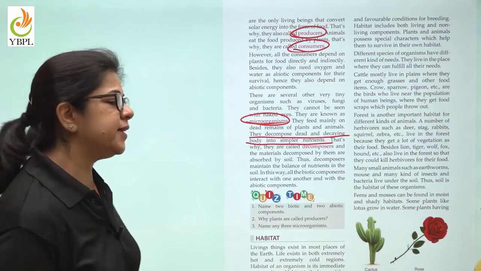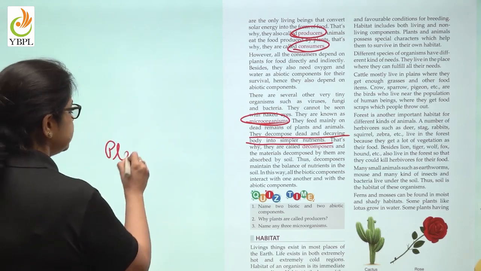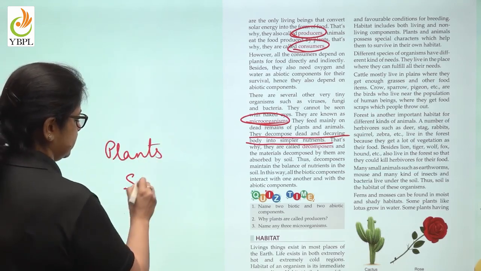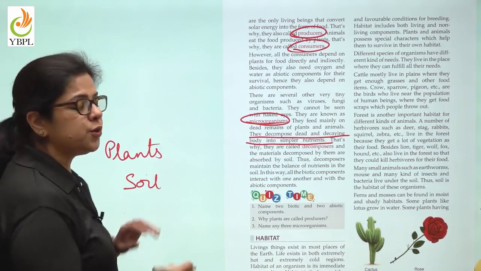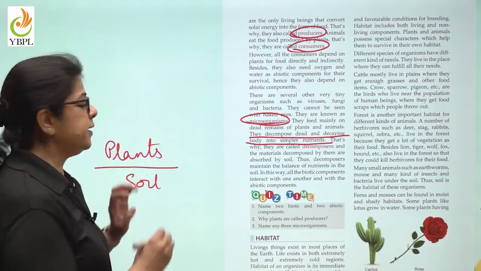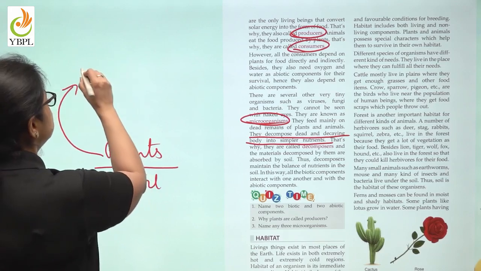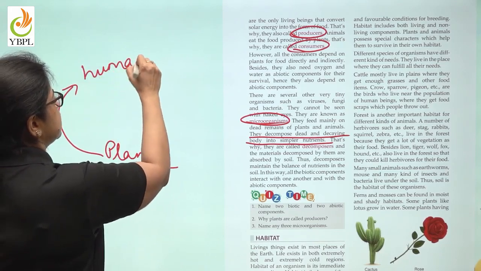So, if you understand the entire cycle, the plants grow in soil, they absorb all the nutrients from this soil and they give this back to humans and animals.